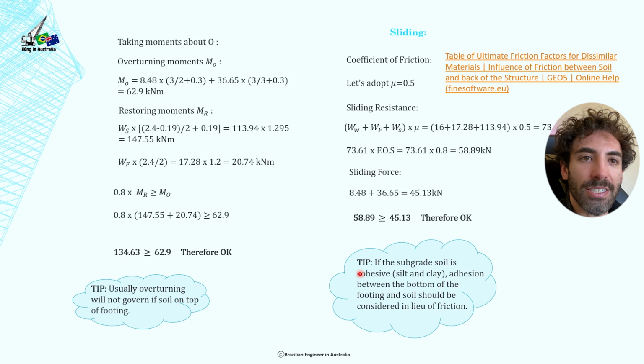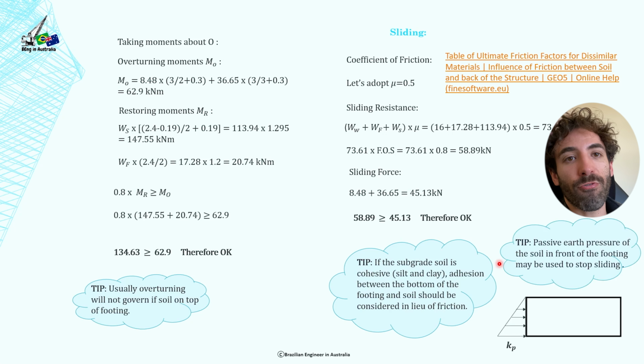Now, the passive earth pressure of the soil in front of the footing may also be used to stop sliding. So if you are absolutely sure that no one's gonna excavate in front of the footing, and you will always have the soil in front of that footing, you might use that soil to prevent the wall from sliding.